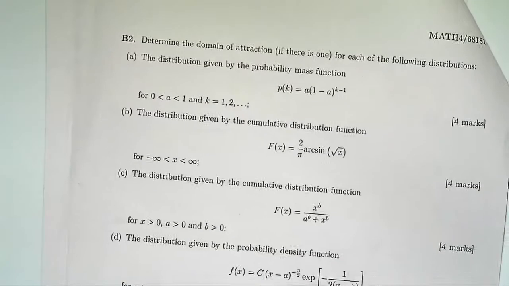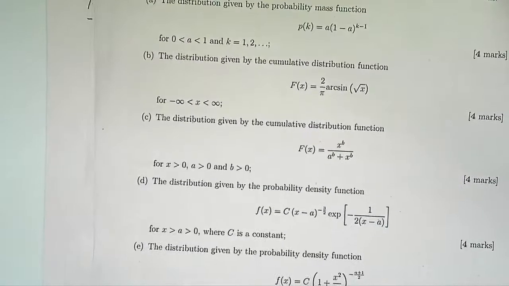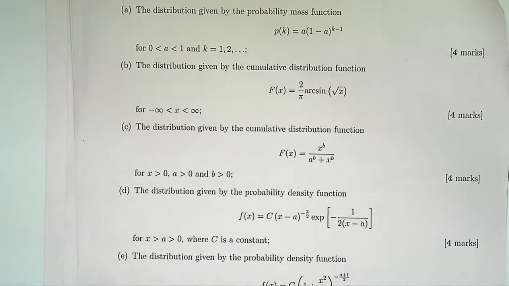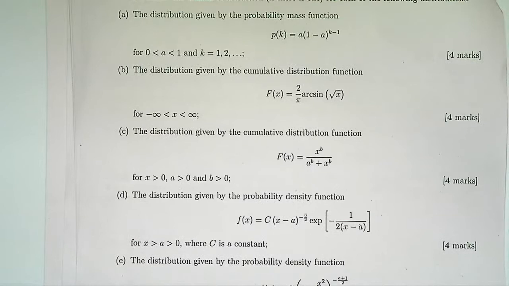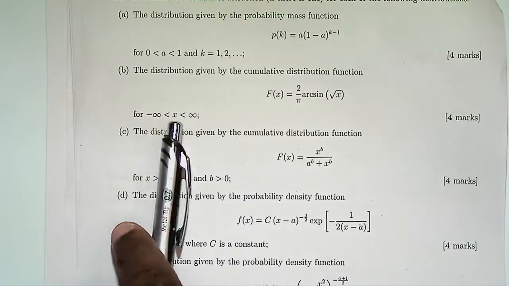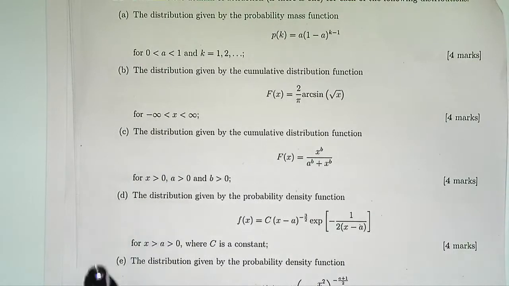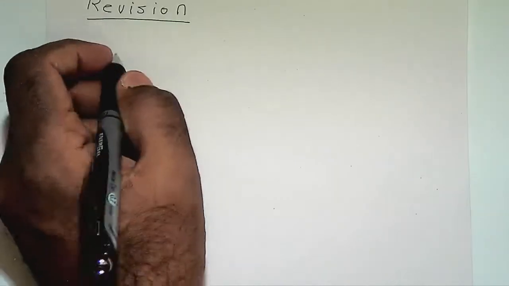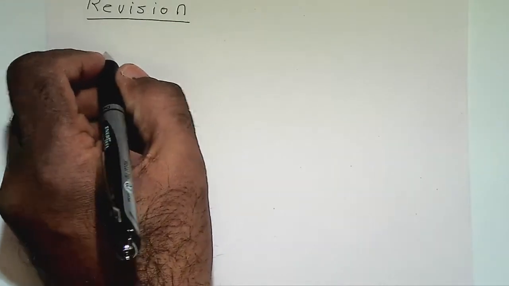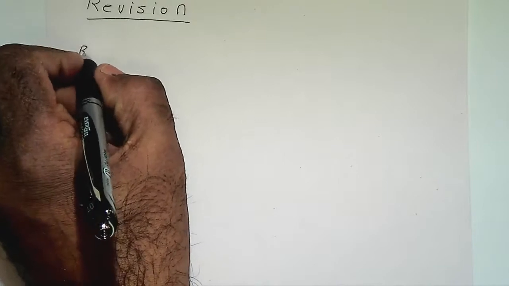These are the 5 in last year's exam paper. Which one do you want me to do? Oh, B? Okay. All right. So the question is, this is B2, part B.